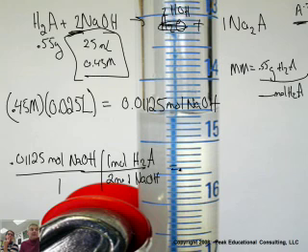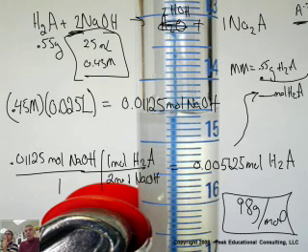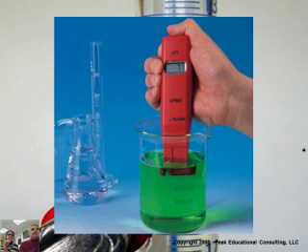So divide by 2 and you get 0.005625 moles of H2A. That number then gets plugged in here, and we get 98 grams per mole, by taking 0.55 divided by 0.005625. That would be the molar mass of the diprotic acid.